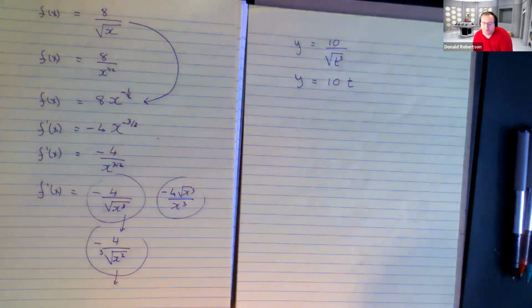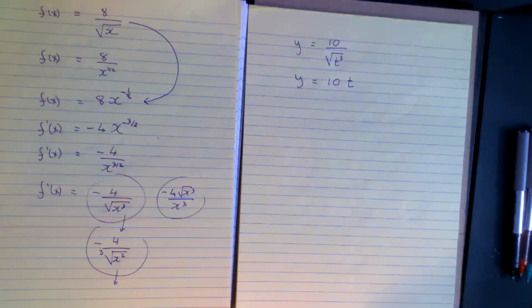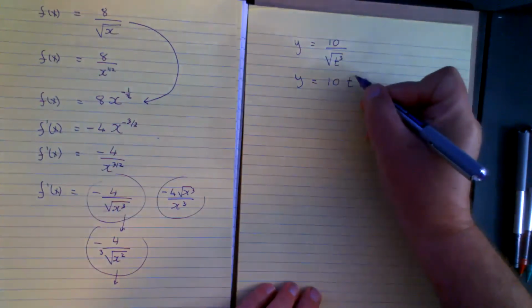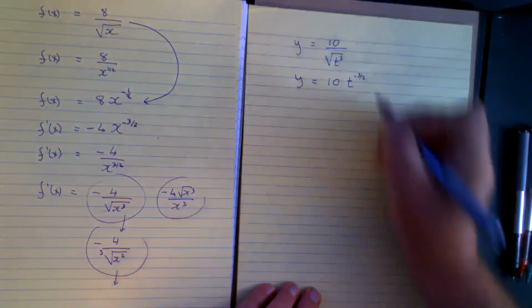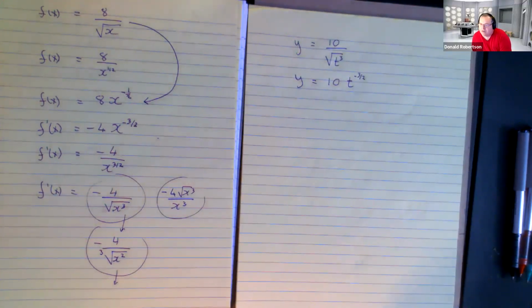Okay, tell me what fractional power of t do you get out of a 10 over the square root of t cubed? -3/2. Agreed, everyone? 2 in the bottom, 3 in the top. Okay.